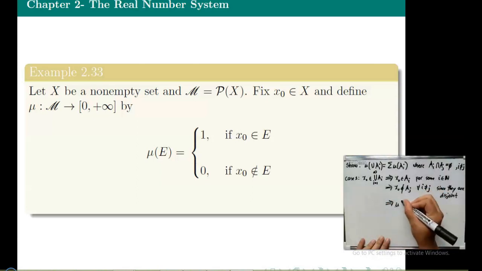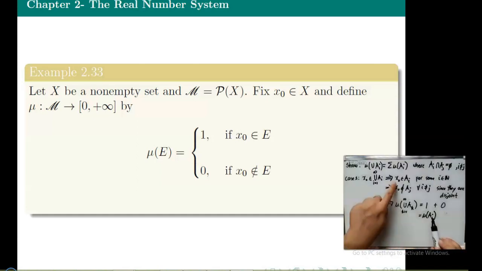mu of the union of A sub k, where k is from 1 to infinity, is equal to 1 plus 0. Why? Because mu of A sub i is 1, because we know that x sub 0 here is in A sub i for some i.